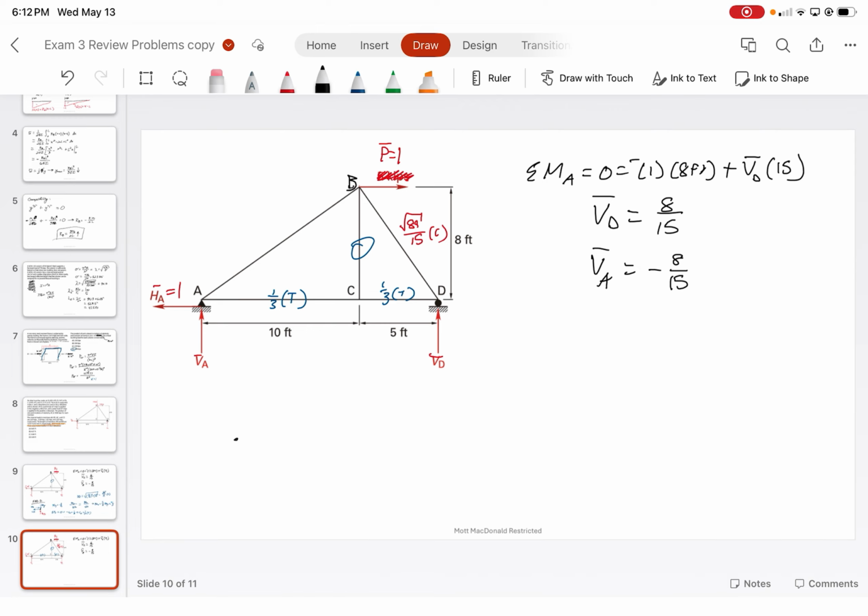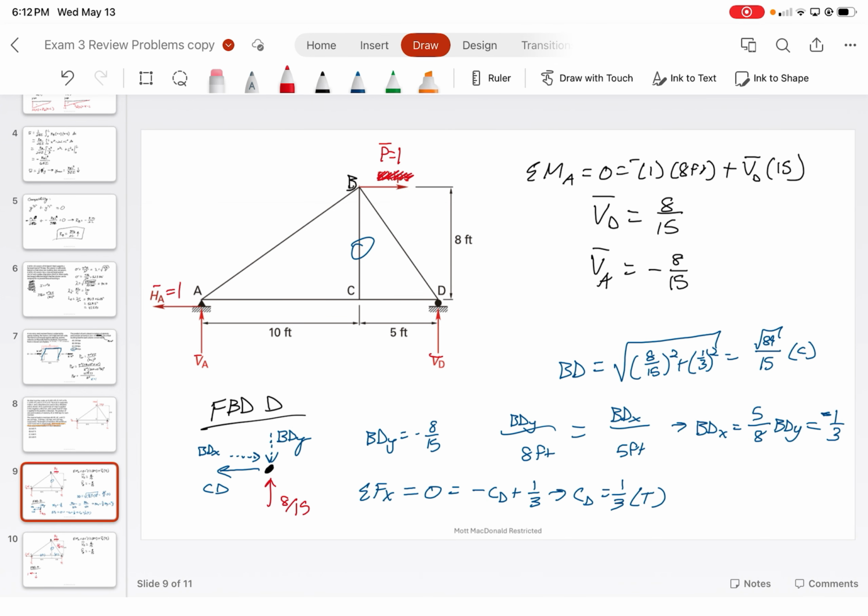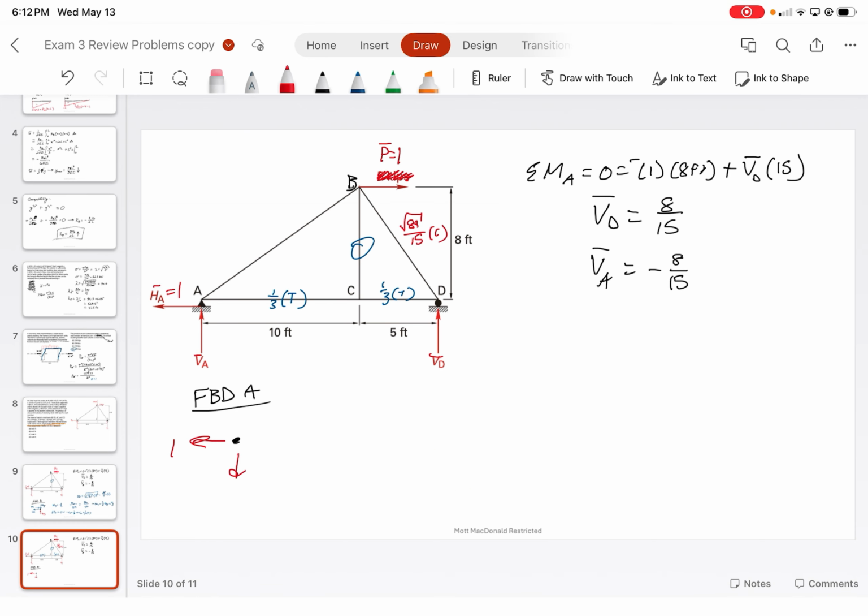Last step, let's just do a free body diagram at A. We're going to have HA bar going to the left. VA bar is going vertically downwards at a magnitude of 8/15. And then we've got AC, which is equal to 1/3.